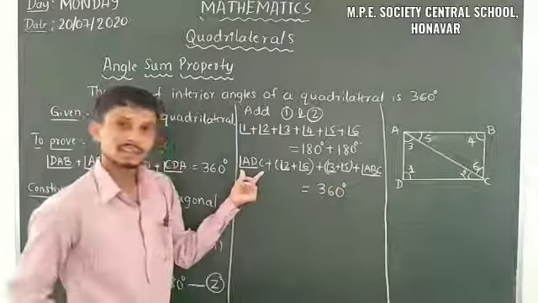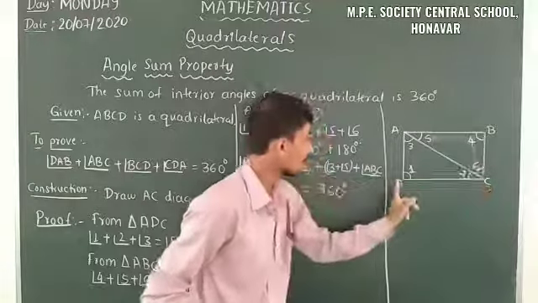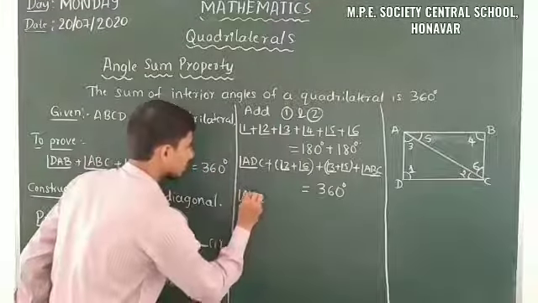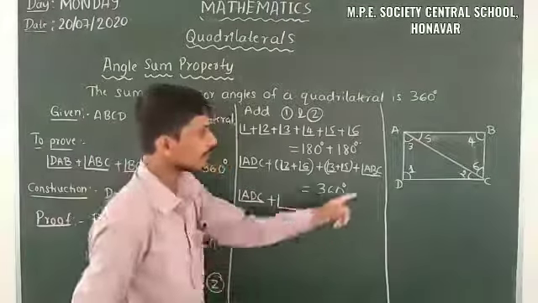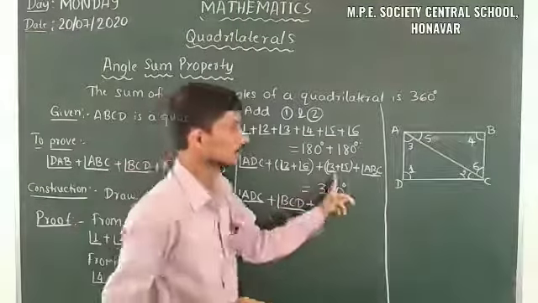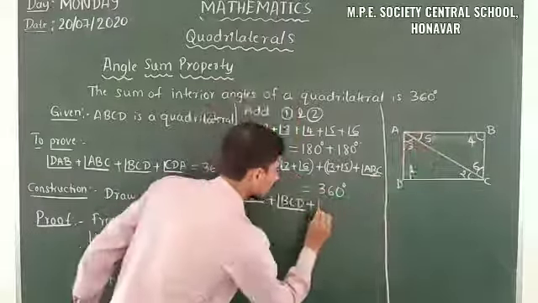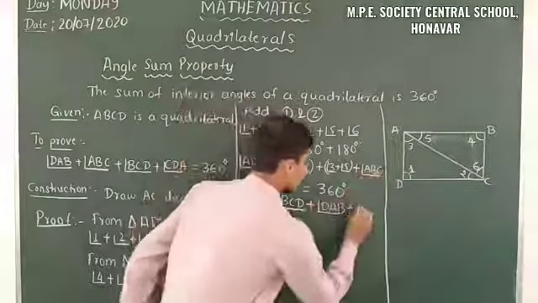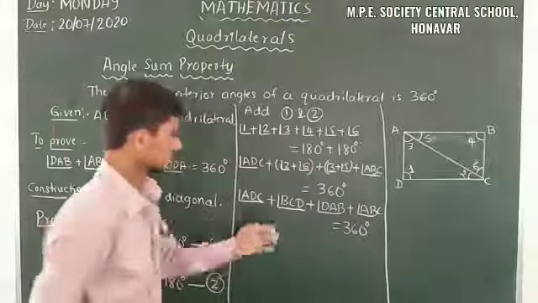Then we have angle ADC, and angle 2 plus angle 6 is equal to angle BCD. Angle 3 plus 5 means angle DAB, plus angle ABC, is equal to 360 degrees. We can shuffle like this.